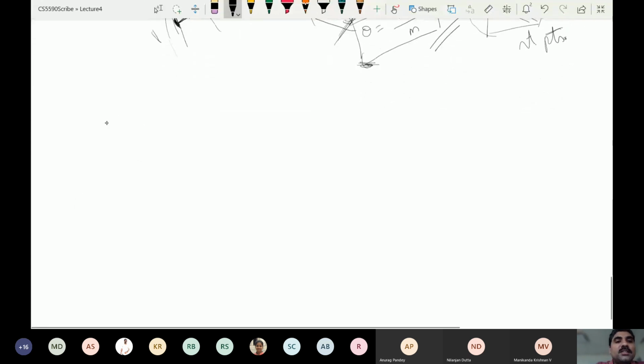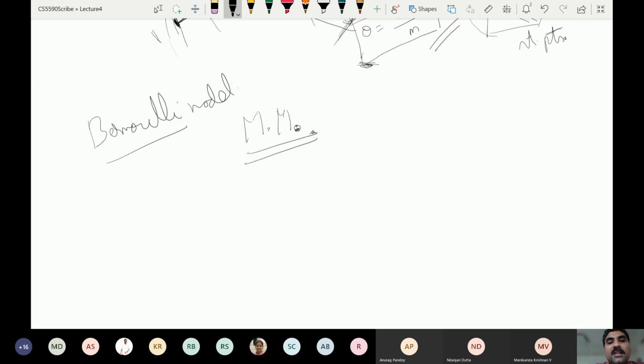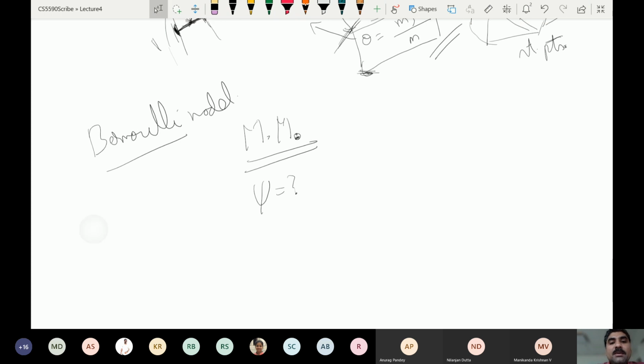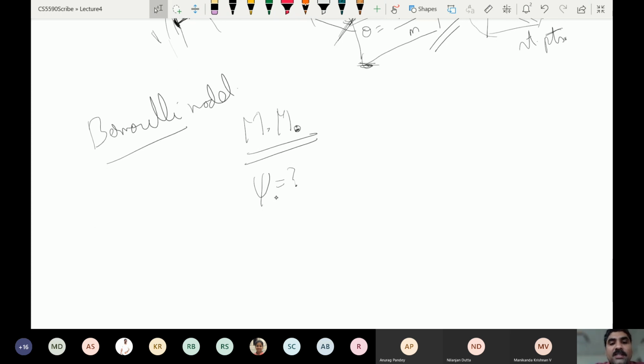Now, in case of the Bernoulli model, suppose we want to deal with method of moments. If you want to apply method of moments, there is one decision you want to make. What is the decision? What is the psi function with which I'll match the MLE solution?